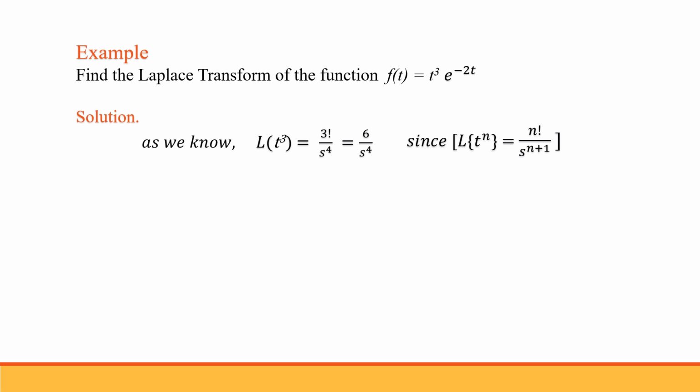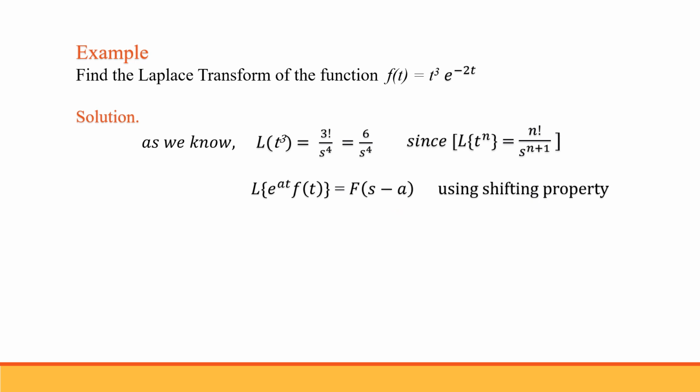Now using the first shifting property we learned above, that is, the Laplace transform of e raised to the power at into f(t) is equal to capital F of s minus a.